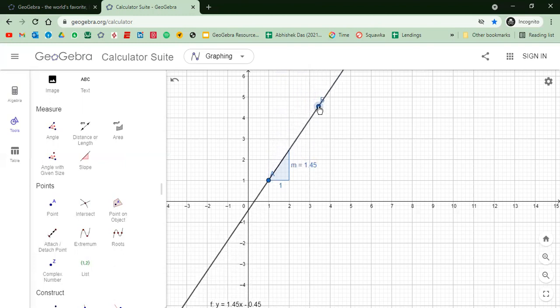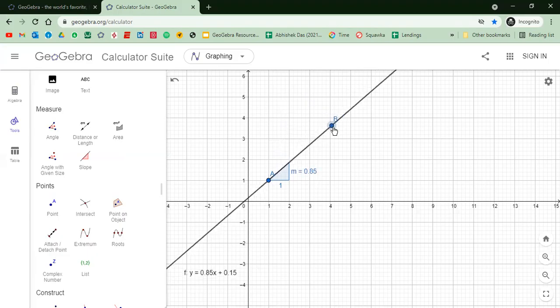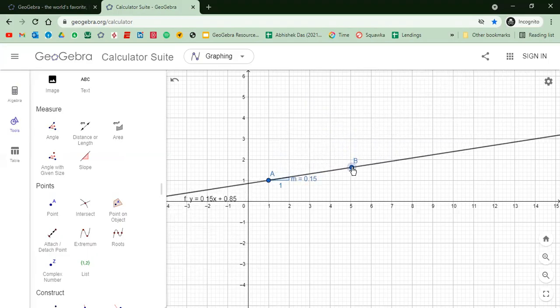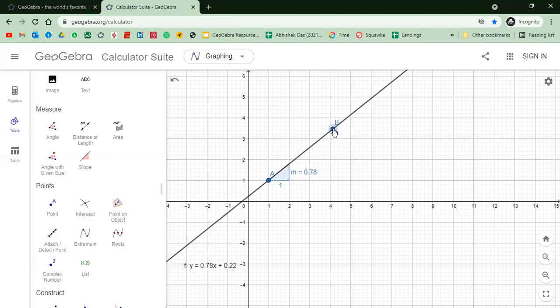And as you make it less steep, the slope also decreases. Cool, right?